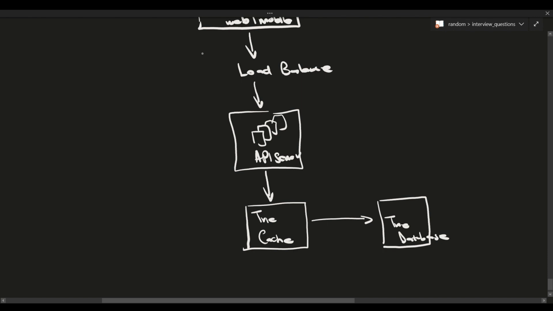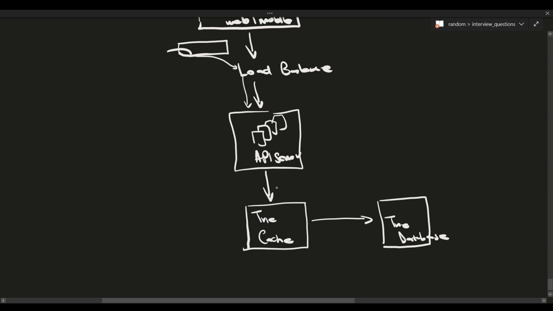Imagine that we have a search query from the UI. The search query comes to the load balancer. Then the load balancer routes that request to the API server. The API server is responsible for constructing the autocomplete suggestions for the client by getting the data from the trie cache.